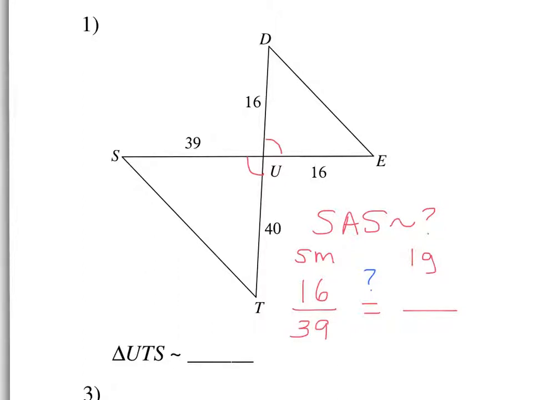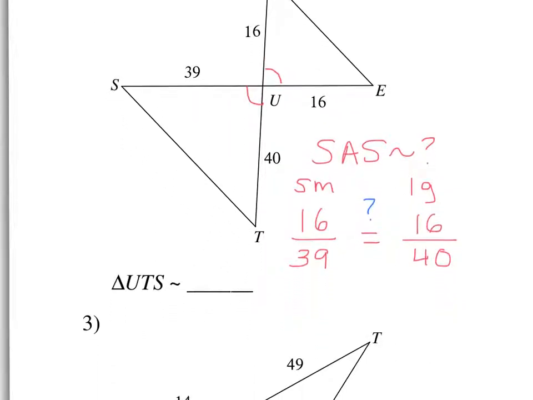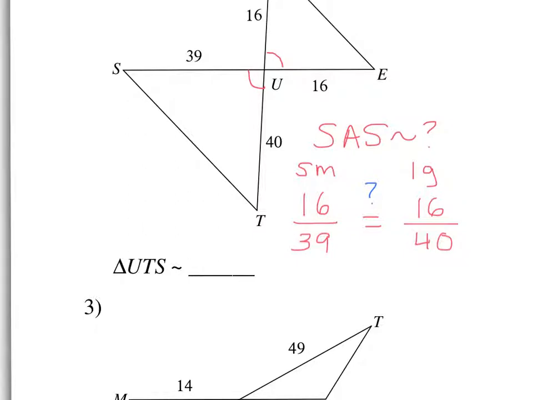And then the large sides are 16 from the top triangle again, and the large side on the bottom is 40. So I think you can pretty much tell quickly here that you're going to get 2 completely different decimals. If we did the decimal on this side with our calculator, we get 0.41, and that is not equal to 16 divided by 40, which is 0.4 exactly, or 0.40.